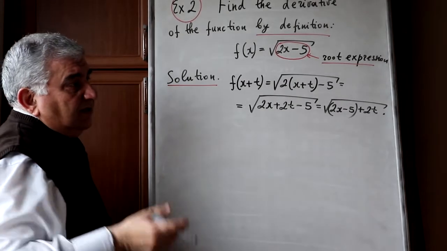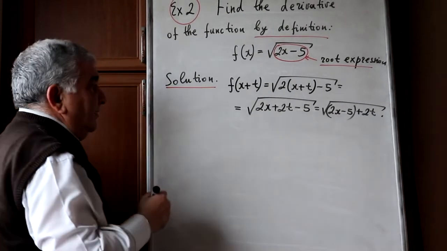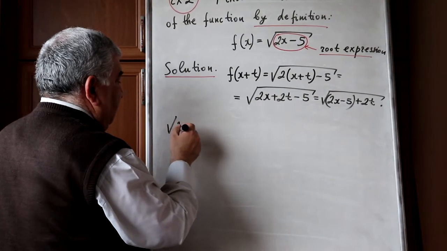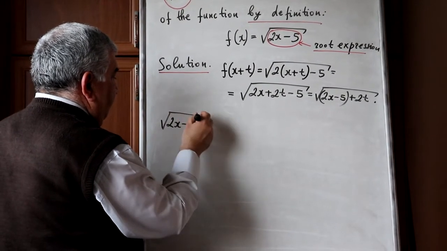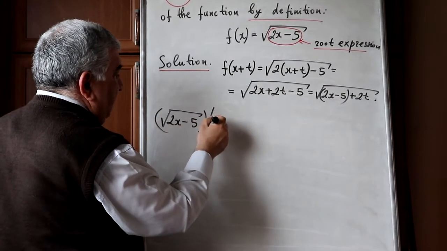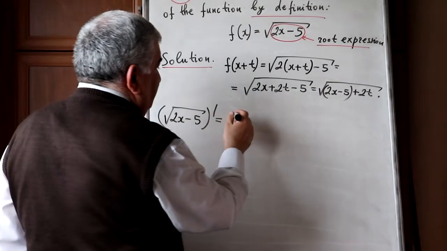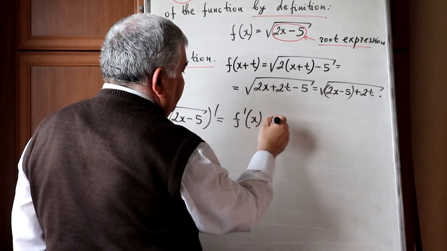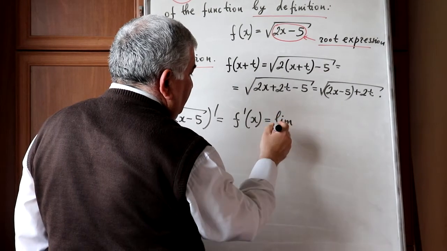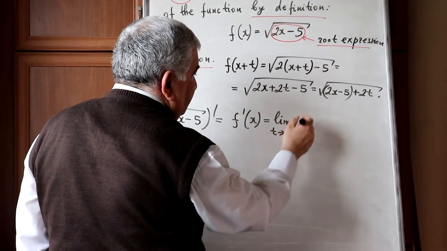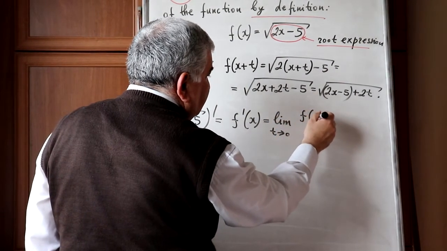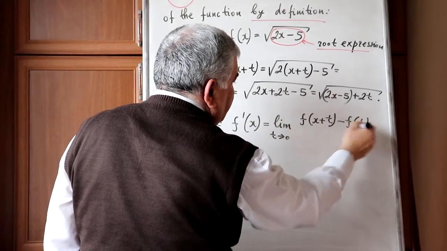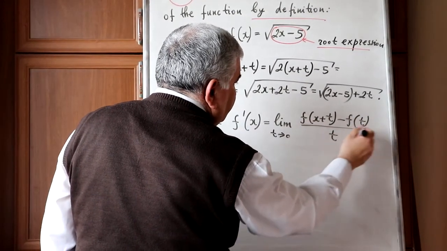Then already we can use the definition of the derivative. Square root of 2x minus 5 prime equals f prime of x equals the limit when t tends to 0, f of x plus t minus f of x over t.